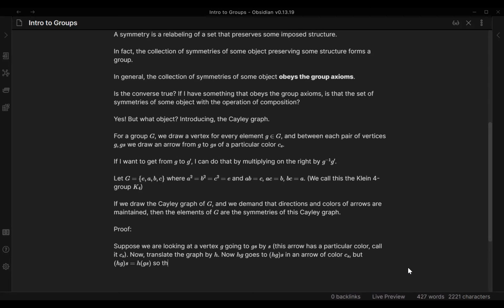So this is exactly the translation of GF by H. Thus, our arrow is maintained. But this holds for arbitrary G, F, H in the group. So H is a symmetry of this graph.